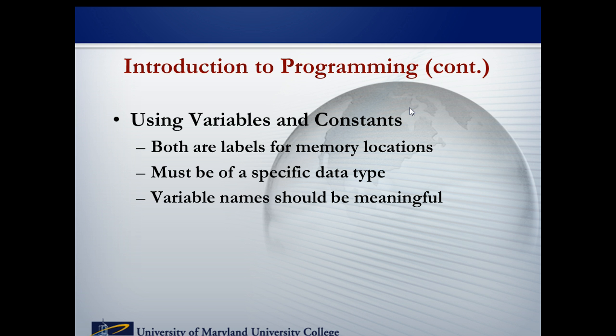Okay, so back to the variables. This concept is sometimes a little difficult for people to understand, especially those who never had any kind of programming experience. Effectively, a variable is nothing more than a label for a memory location.